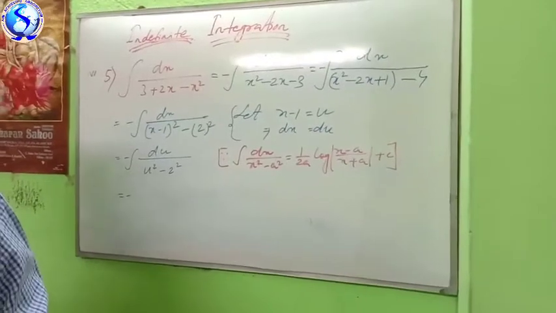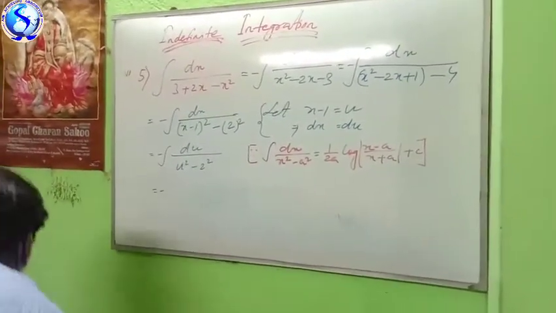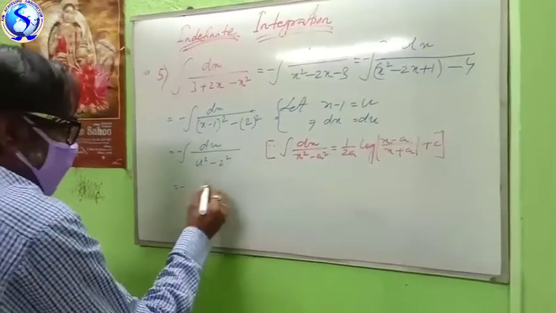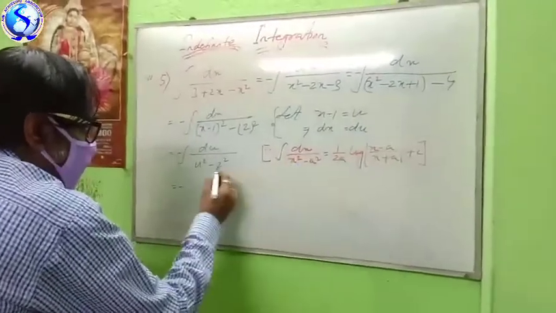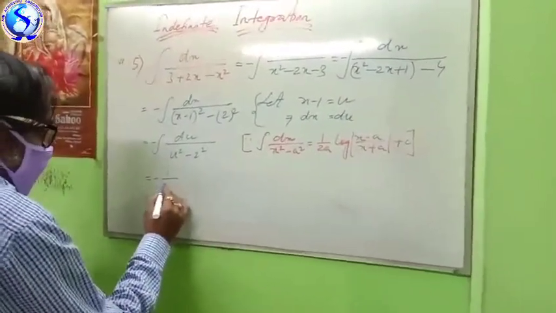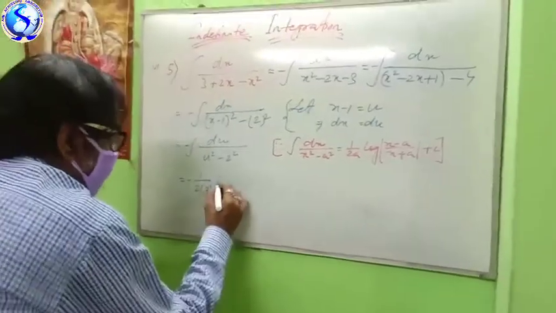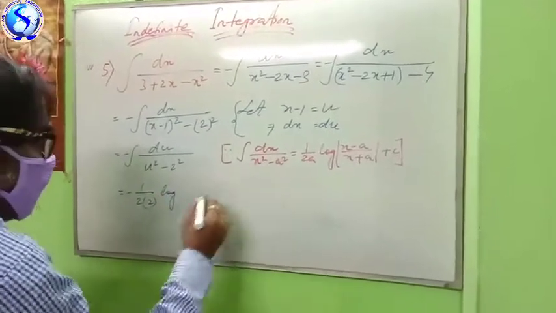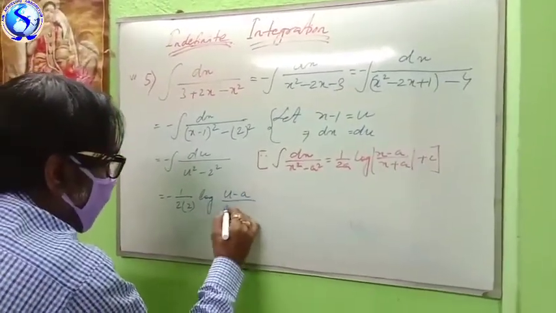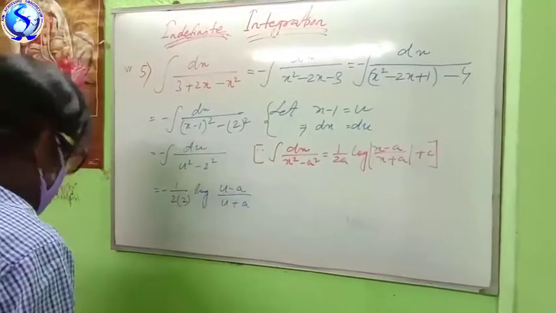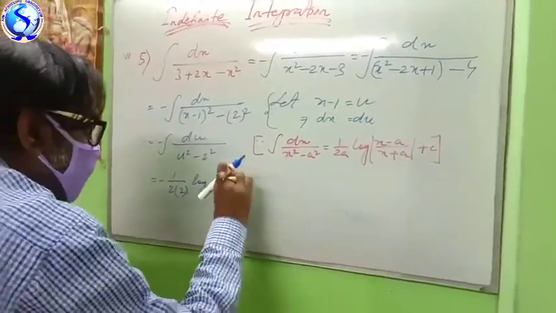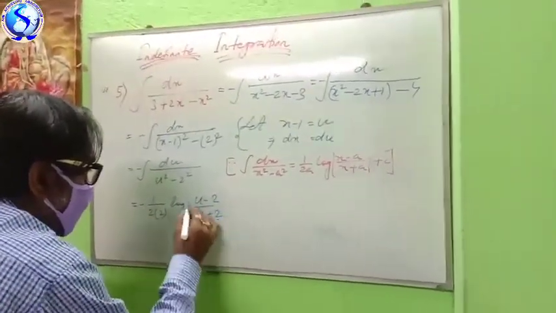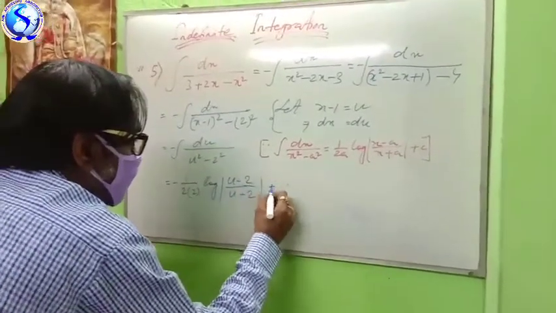So here, x square means u square, and a means 2, so 1 by 2a, log mod u minus a by u plus a, where a means 2, plus c.